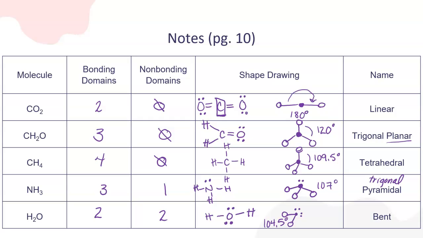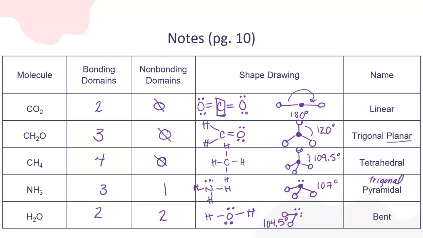There's a couple where it could be like 1 and 2, but it looks like it could be linear, but it's got 2 bonding domains and there's lone pairs on it, and lone pairs bend things. Like ammonia, NH3, looks like it could be trigonal planar, but it's got a lone pair on there.